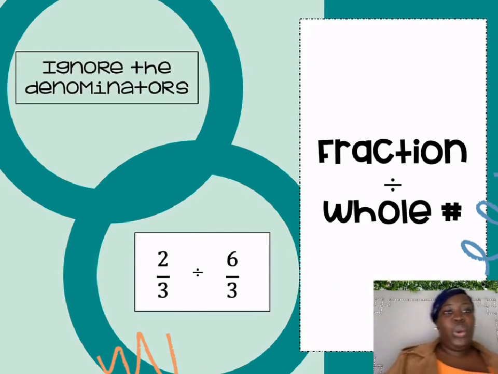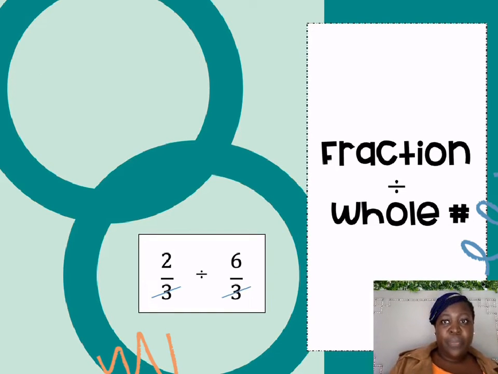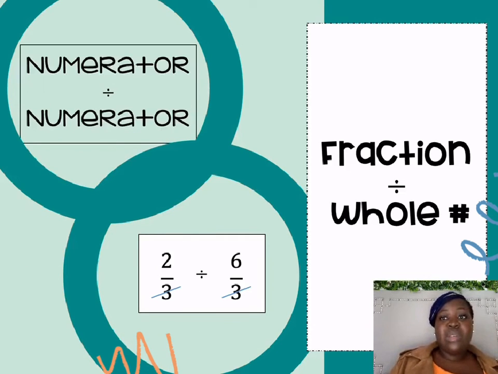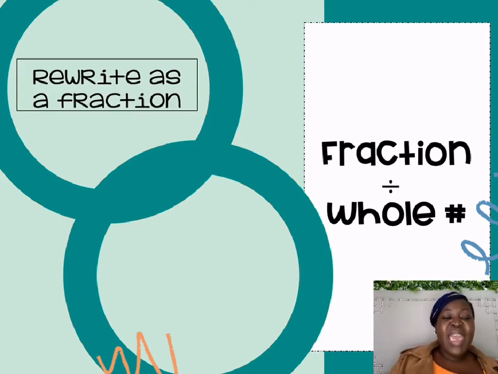Remember, we said we are going to ignore the denominators. So you're going to ignore 3 in 2/3, and you're going to ignore 3 in 6/3. Then you are going to focus on your numerators, which are 2 divided by 6. And you are going to rewrite them as a fraction.